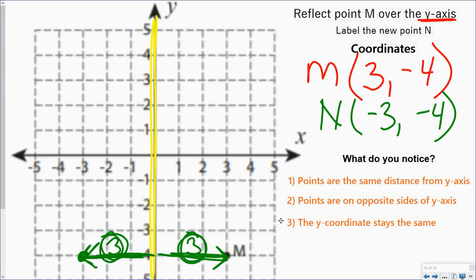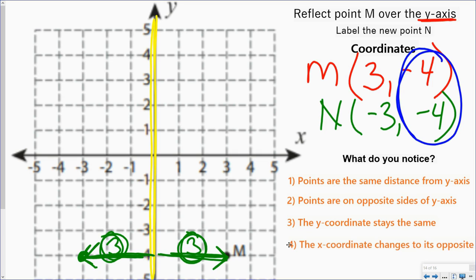The y-coordinate stays the same. So when I look up here at my y-coordinates this time, they are both -4. And then the x coordinate changes to its opposite. So if I look up here and we look at the x coordinates, we have 3 and we have -3. And those two numbers are opposites.